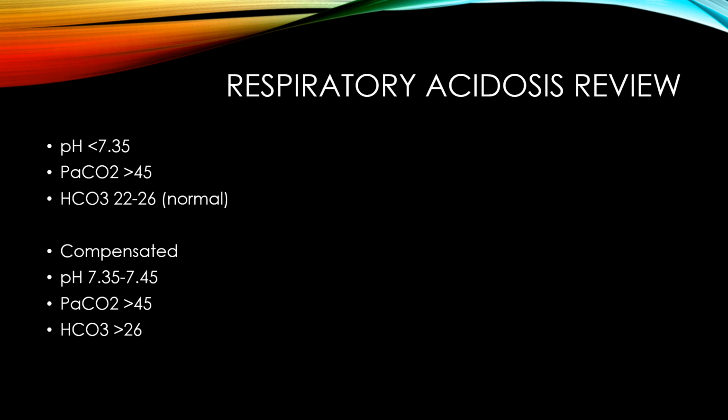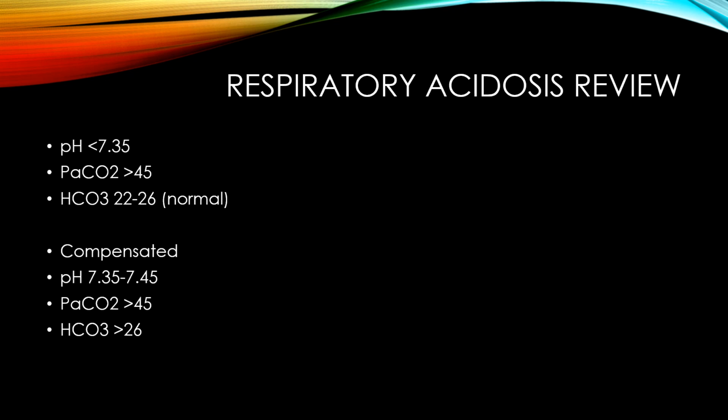Our bicarb is going to be within that normal range, that 22 to 26, especially in acute acidosis. Remember, because the kidneys have not had enough time to start buffering effectively.